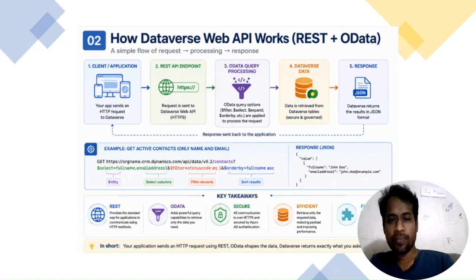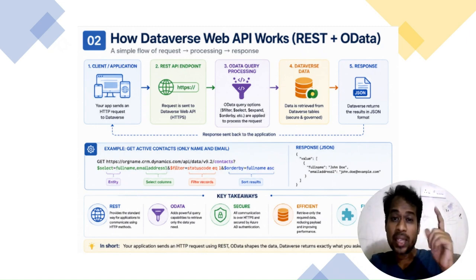REST provides the communication mechanism, as we already saw in the first video. Think of REST as a courier service that carries our request to Dataverse. The destination is Dataverse.